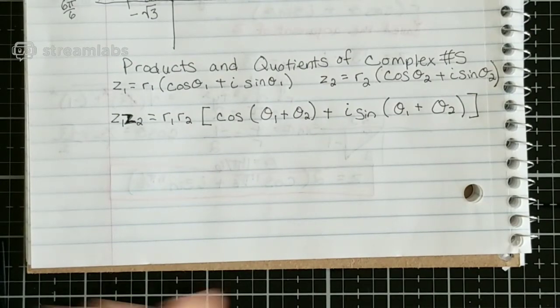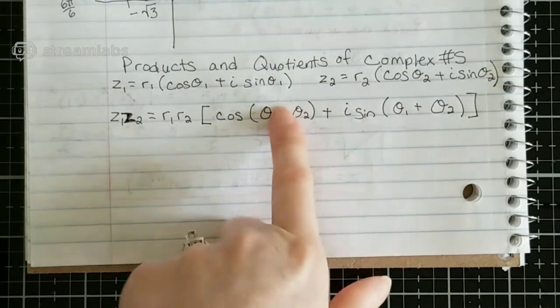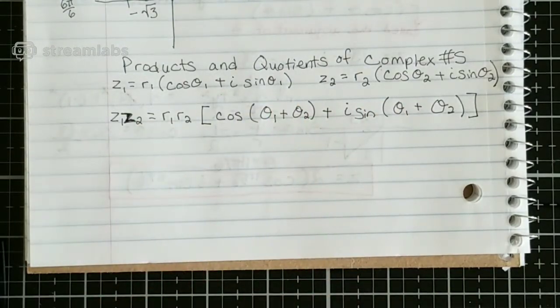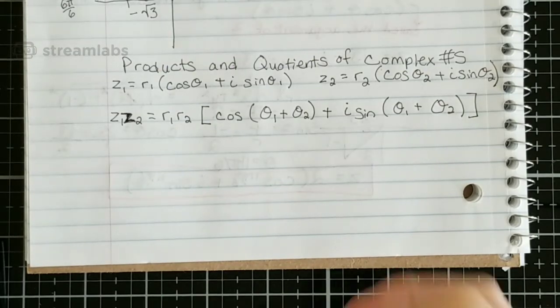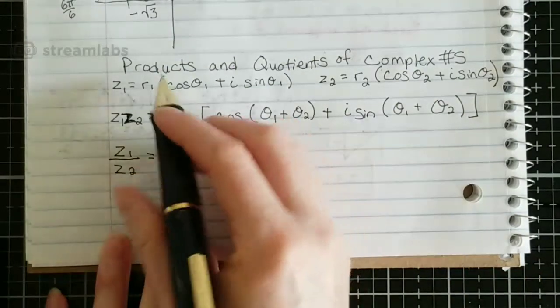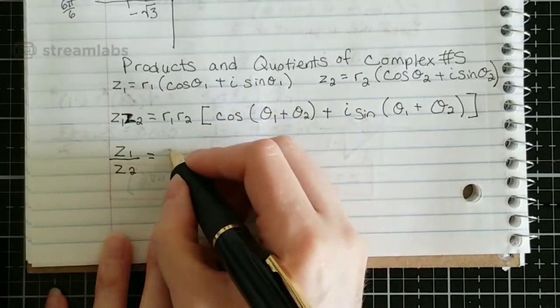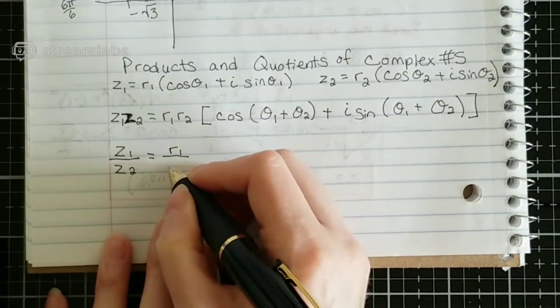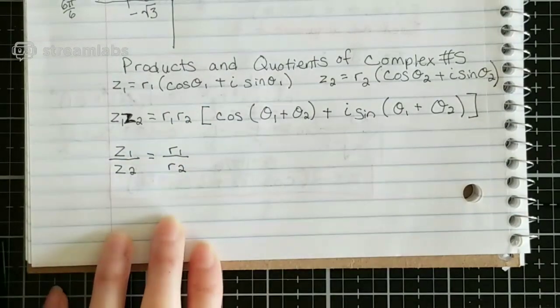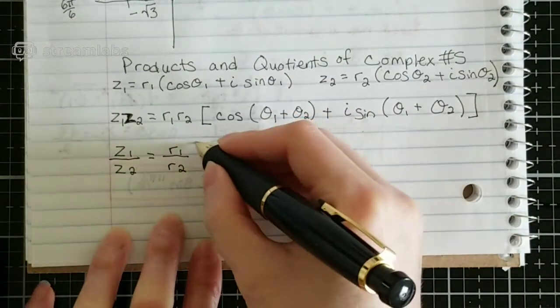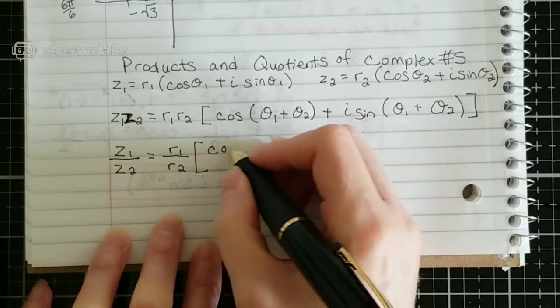I feel like it makes sense that you need to add these thetas together, because with exponents, when you multiply exponents together, you really add them. I think of that, and it helps me remember which ones to add. And then when we do the dividing, those will be subtracting. You take the first one over the second one, so R1 divided by R2, times cos.